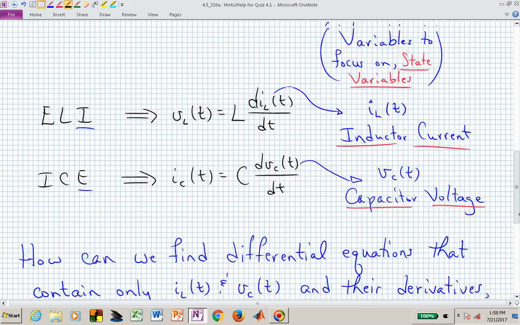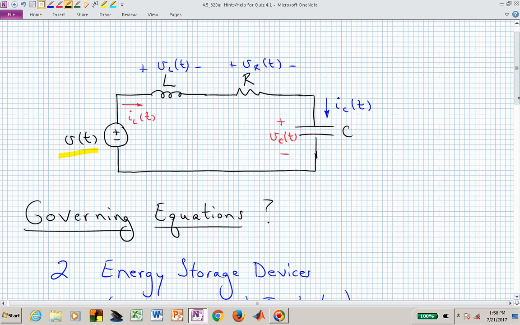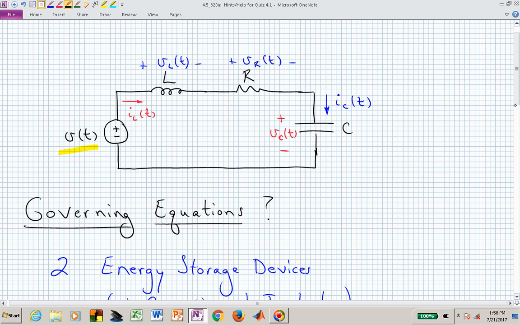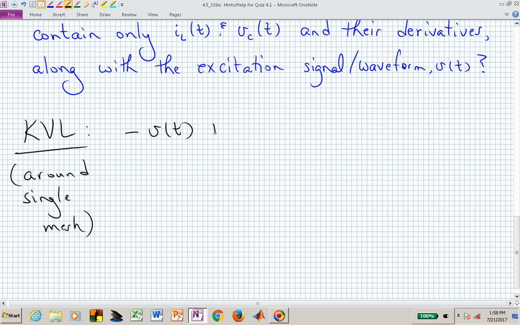Let's start in the lower left-hand corner, and we go up through the negative terminal of our voltage supply. Then we hit the positive sign of our inductor voltage. We hit the positive sign of our resistor voltage, and we hit the positive sign as we've defined them of our capacitor voltage. And those then come in with the respective polarities that we've assigned, plus V sub L of t, plus V sub R of t, plus V sub C of t.